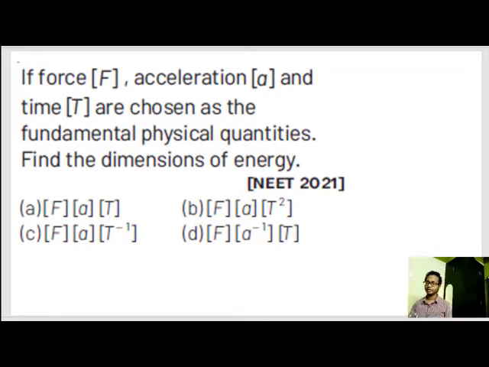In your NEET curriculum, the method is given, but the nomenclature, or the naming of the method, is not given. So I am going to teach you this method, and remember this method. This will come in your questions. So the question is, if force, acceleration and time are chosen as fundamental physical quantities, find the dimension of energy.